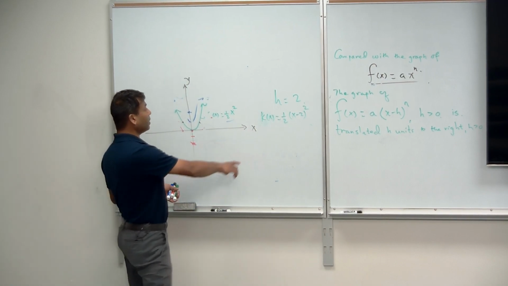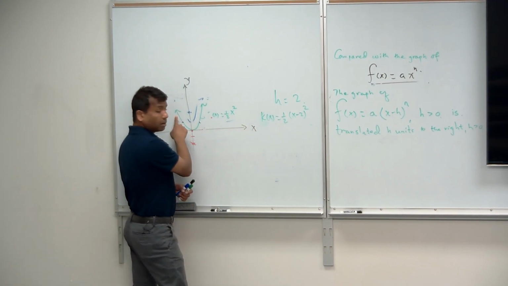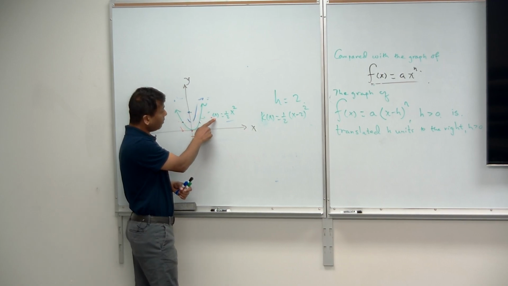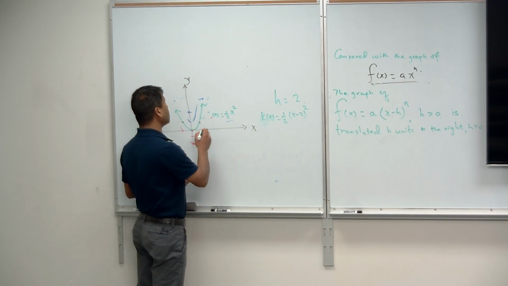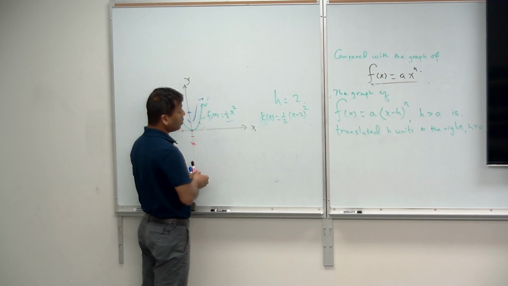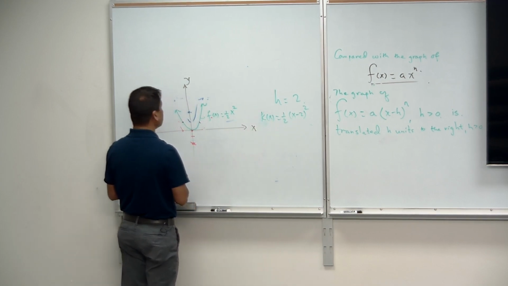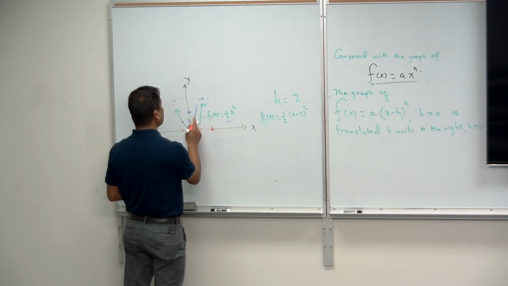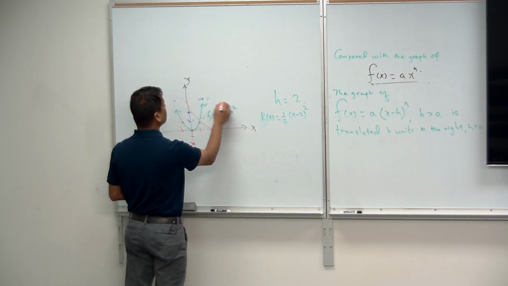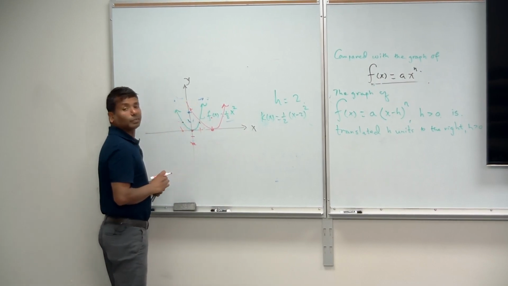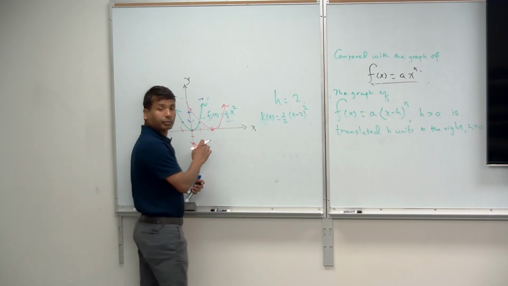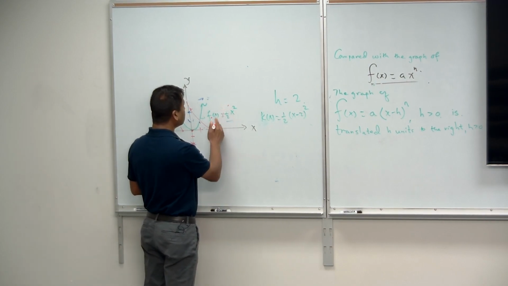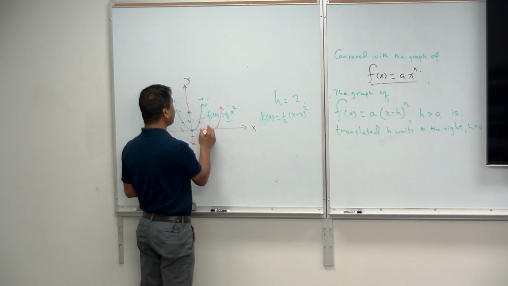To get the graph of this function, the green graph, which is the graph of f(x) equals half x squared, is shifted 2 units to the right. This point is shifted here. You see what I'm talking about, right? So you have something like this. Are you guys with me? Make sense?